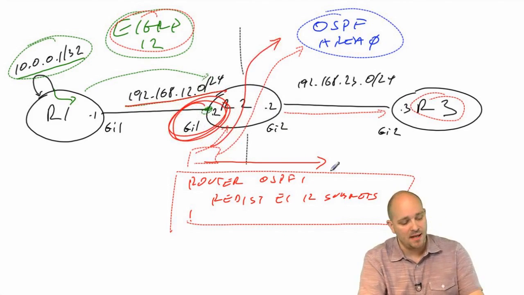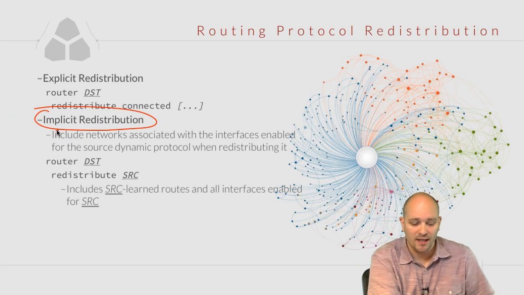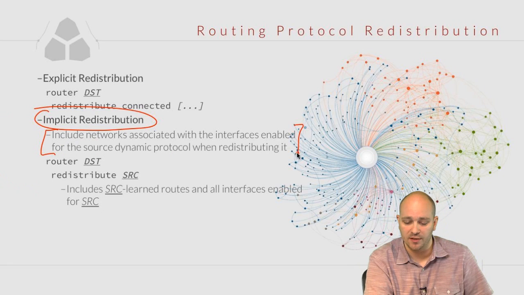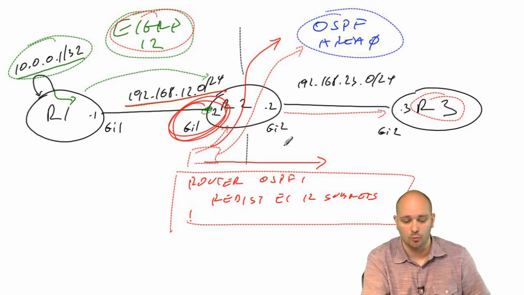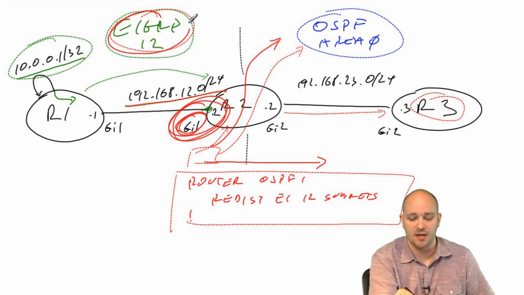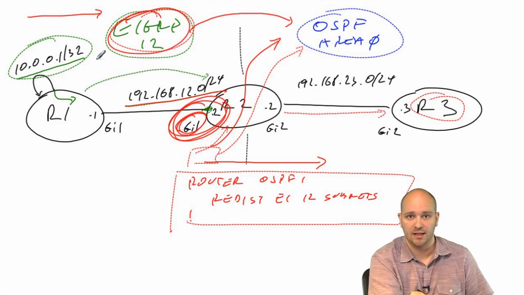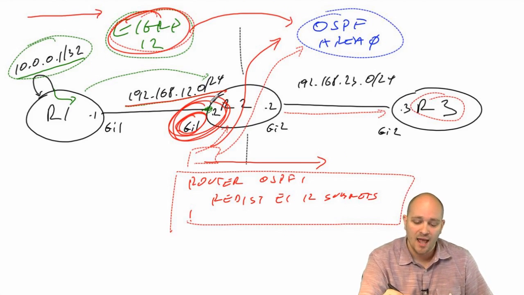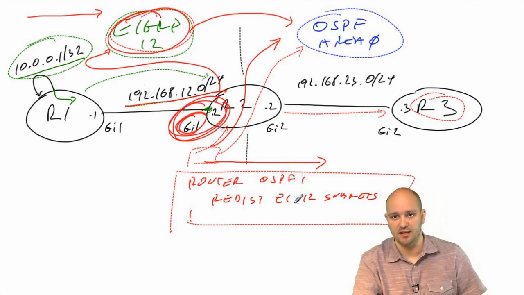Now, this is what I meant when I said that implicit redistribution of connected routes will include networks associated with interfaces enabled for the source dynamic protocol. What we had here was that this gigabit interface 1 was enabled for EIGRP, and when we said redistribute from EIGRP into OSPF, not only the learned routes in that process were redistributed, but also the connected routes associated with these interfaces.